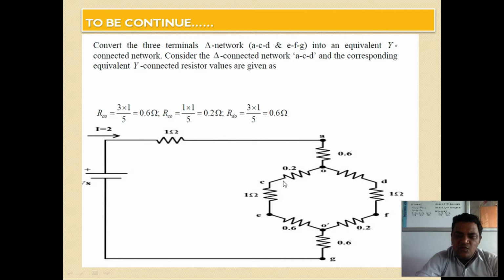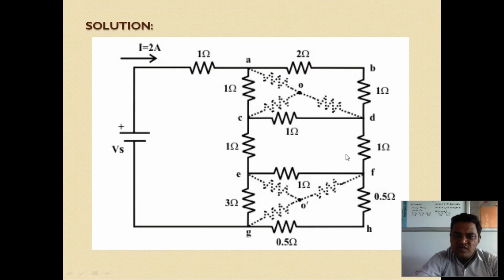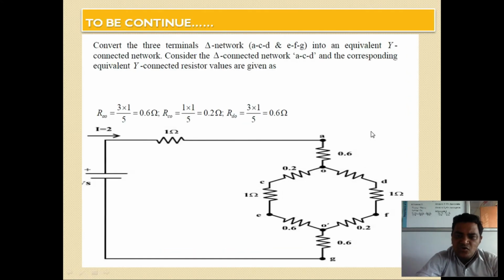This 1 ohm resistance and this 1 ohm resistance are connected in series with these. So 0.6 plus 0.2 plus 0.6 comes in series with the 1 ohm and 1 ohm resistances, and here the 0.2 and this resistance are connected in series, and again 0.6 and this one are connected in series.